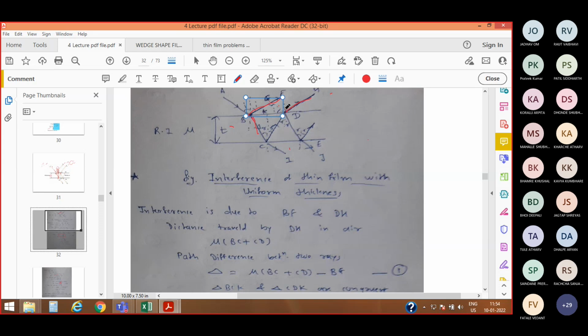CD तो थिन फिल्म के अंदर है ना? हाँ, ये थिन फिल्म के अंदर डिस्टेंस ट्रैवल करता है और यहाँ से फिर वो एयर में जा रहा है ना. तो यहाँ से एयर में DH होगा ना? तो डिस्टेंस ट्रैवल बाय DH इन एयर इज इक्वल टू दिस वन. यहाँ पे ये दोनों का एडिशन होगा ना. यहाँ से रिफ्लेक्टेड होके यहाँ पे आ रहा है, फिर यहाँ पे जा रहा है.